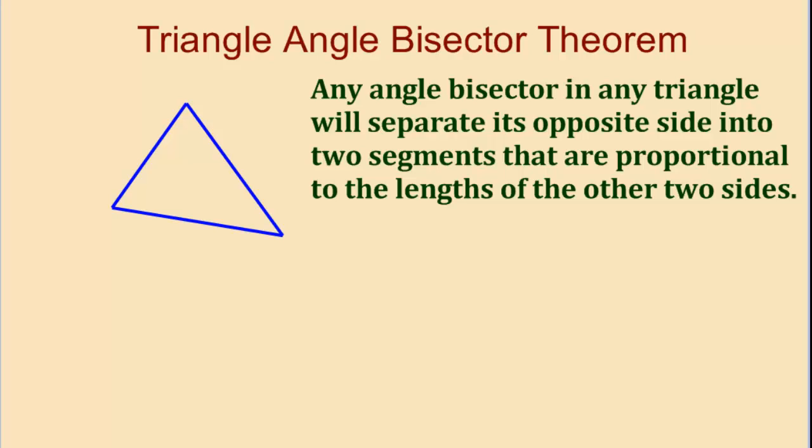I'm going to give you a half a minute to process that. A picture, perhaps. There is an angle bisector for the lower left angle in this triangle. I'll verify it by putting in my congruence marks.